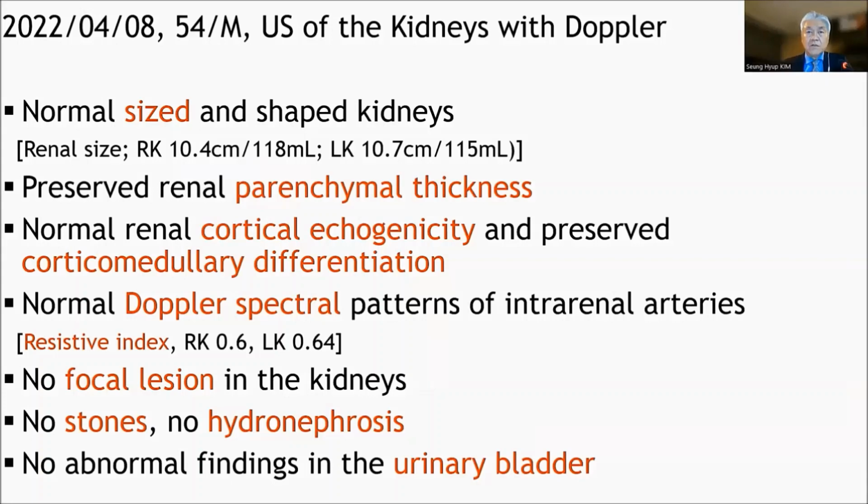I would like to talk in this sequence, including kidney size, cortical echogenicity and cortical medullary differentiation, Doppler resistive index, focal lesions like masses, stone, or hydronephrosis, and urinary bladder.